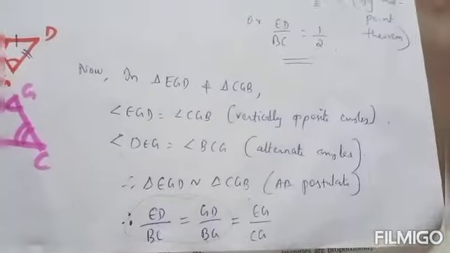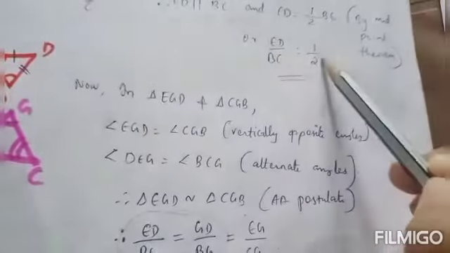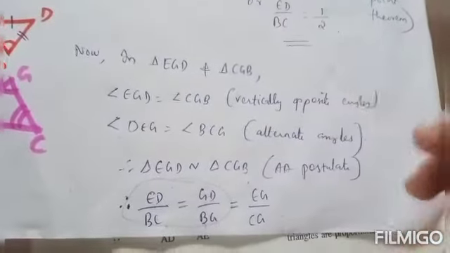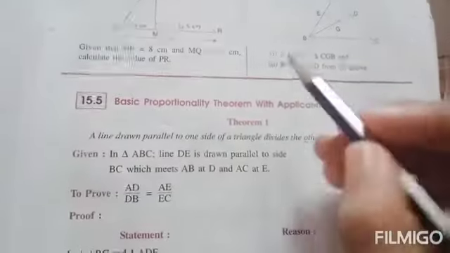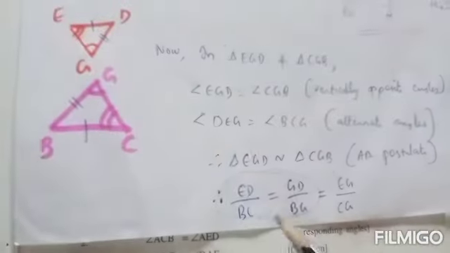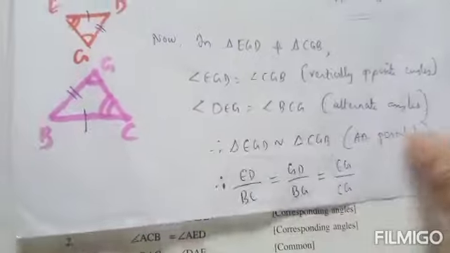Now the ratio ED by BC we got earlier is 1 by 2. In the question you need to prove BG equal to 2GD. So we take these two ratios, ED by BC equal to GD by BG.